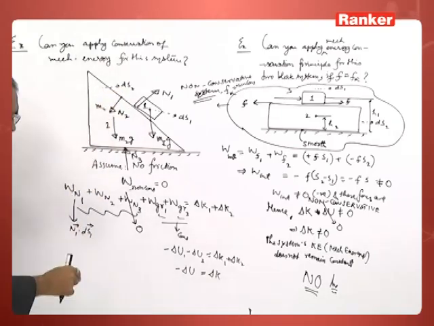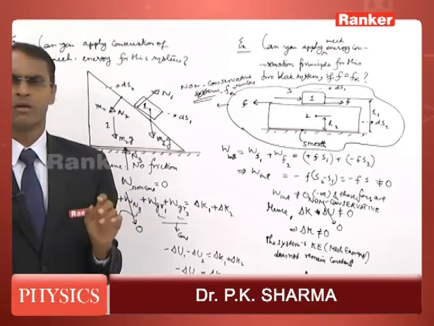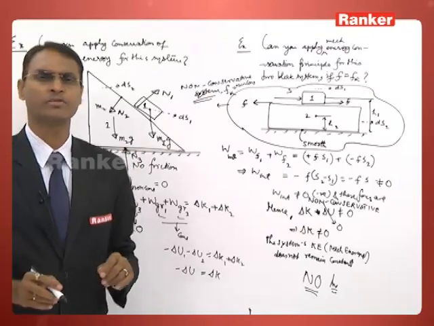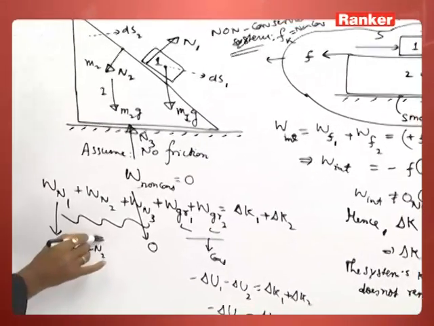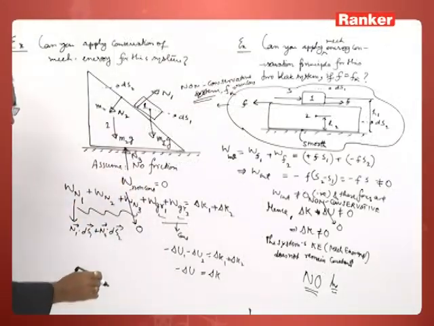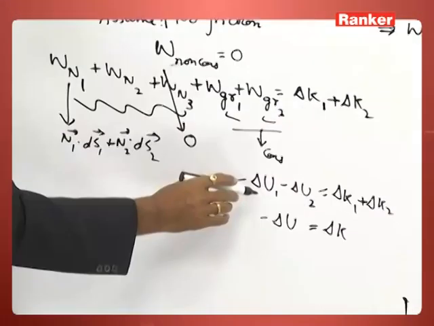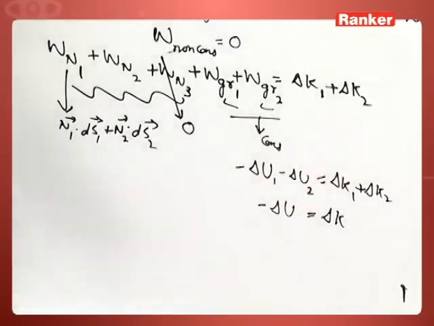The wedge displacement is ds2. Therefore, normal reaction N2 does work N2 dot ds2. Minus del U1 minus del U2 equals del K1 plus del K2.